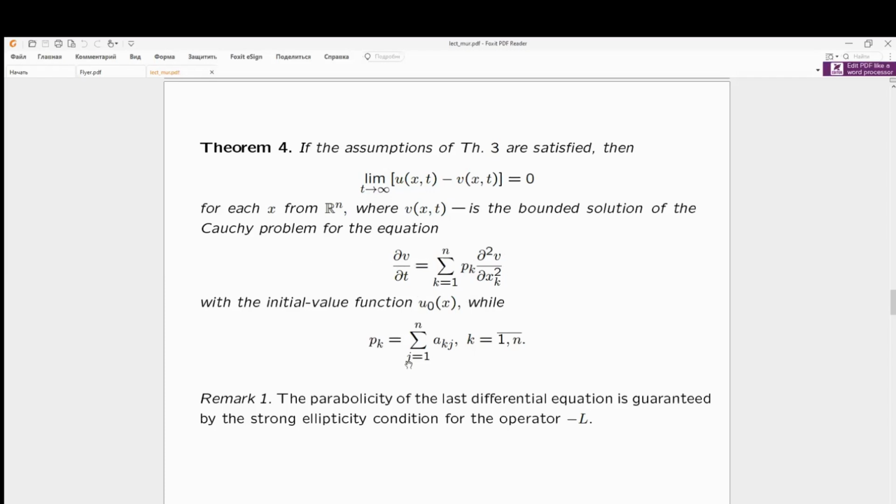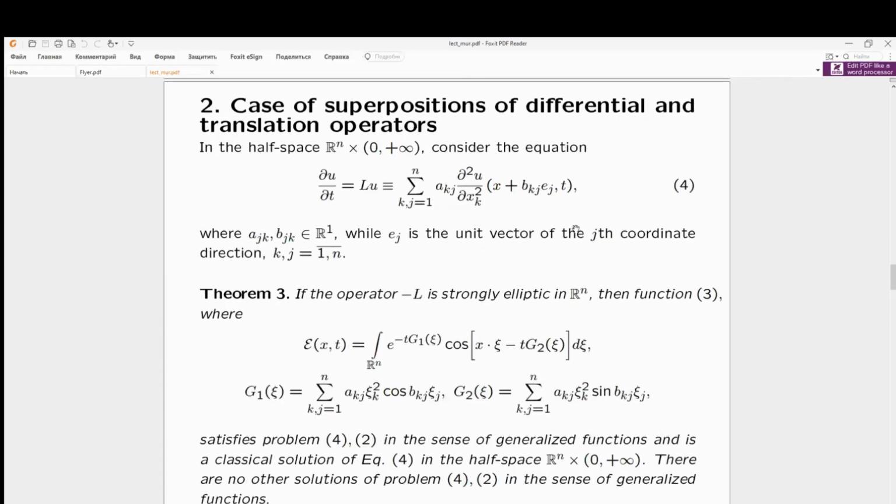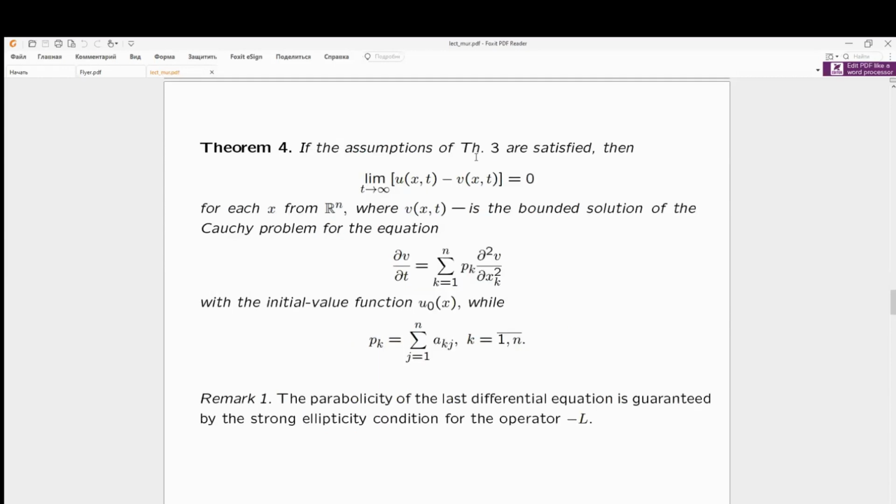But once we assume that our operator minus L is strongly elliptic, it guarantees the parabolicity of this equation.